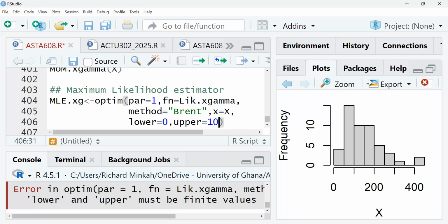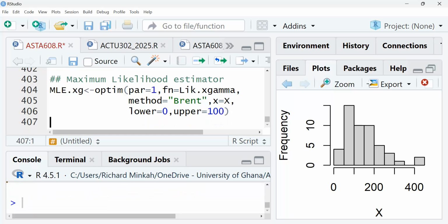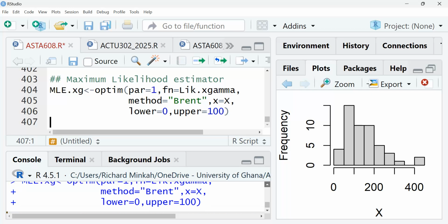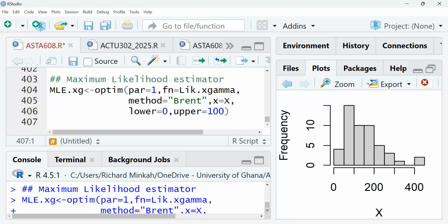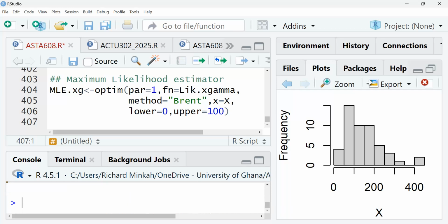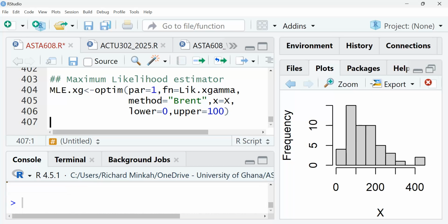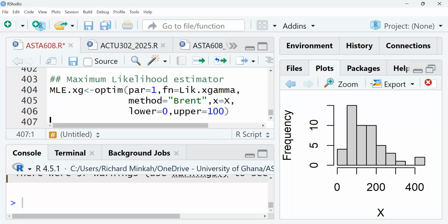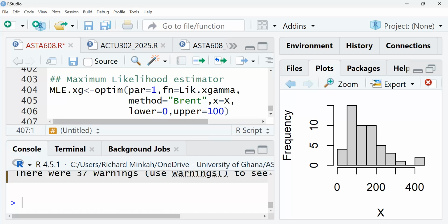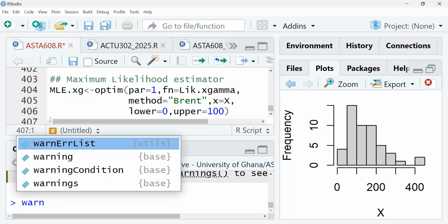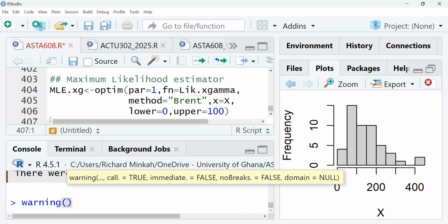So I can choose, let's say, 100. Okay, so it worked, but I have warnings. When you have warnings, you have to see what they are, because sometimes it can be fatal. So if you type warnings, it will tell you why it is giving you that warning.